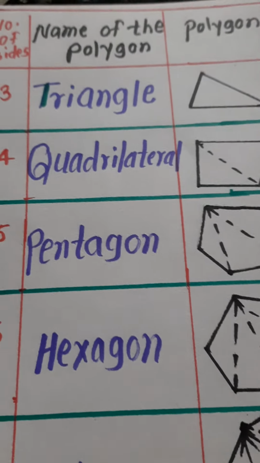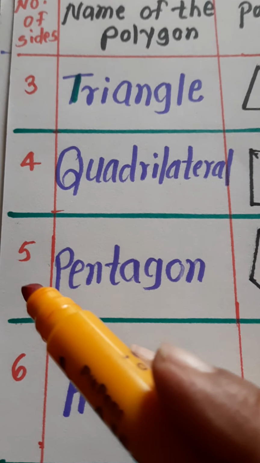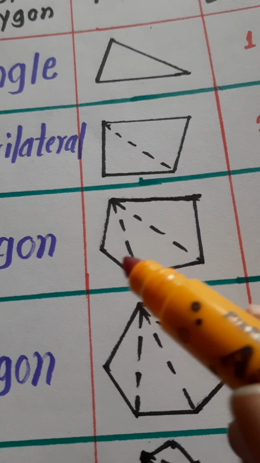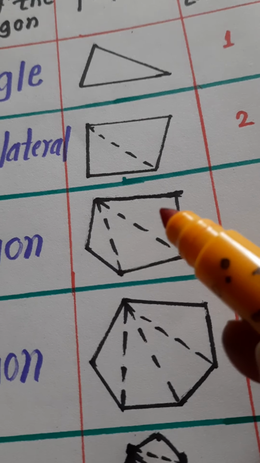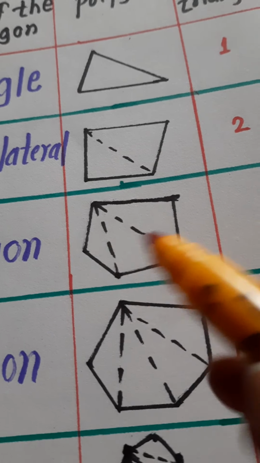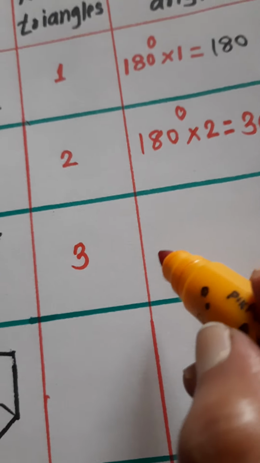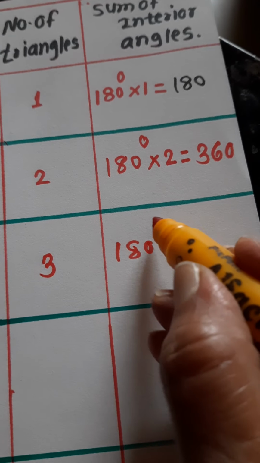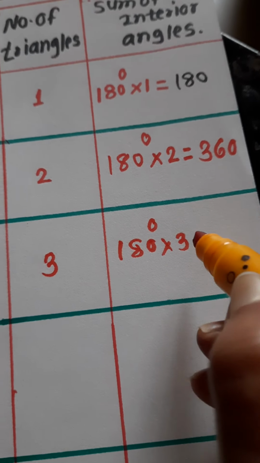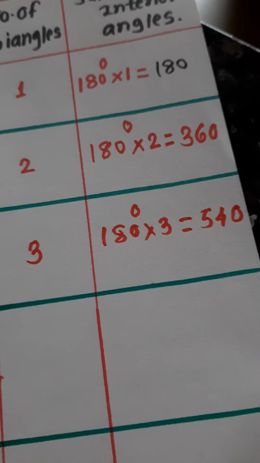The next polygon is pentagon, that has 5 sides, 1, 2, 3, 4 and 5. I draw these points. They make 1, 2, 3 triangles. Then sum of interior angles is equal to 180 degree into 3 is equal to 540.